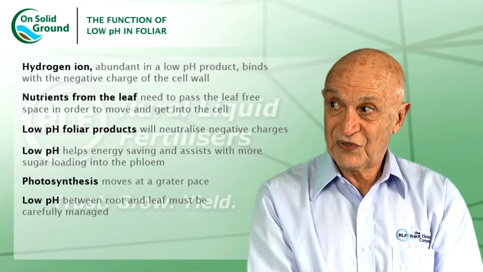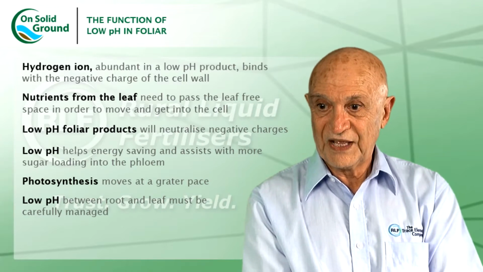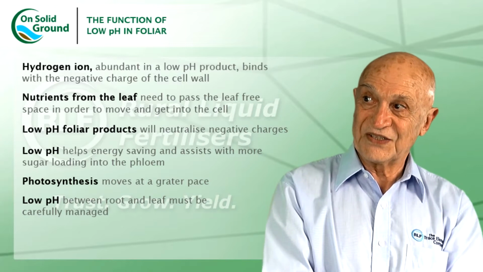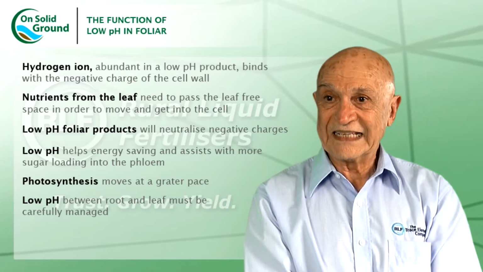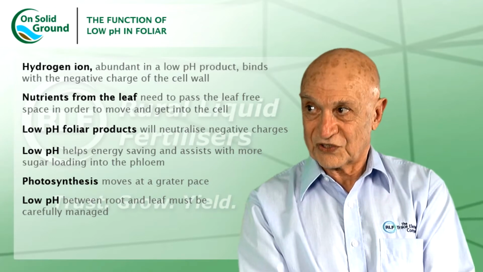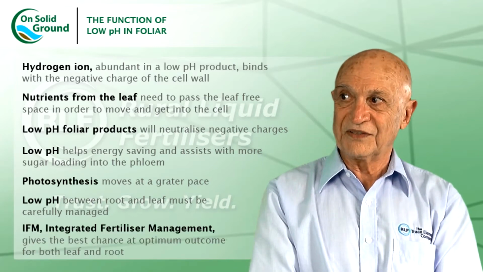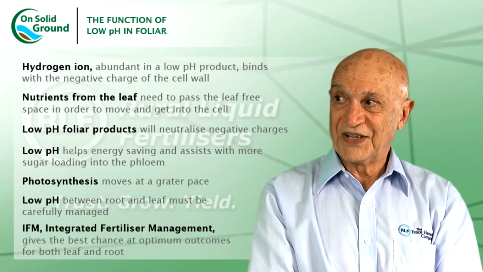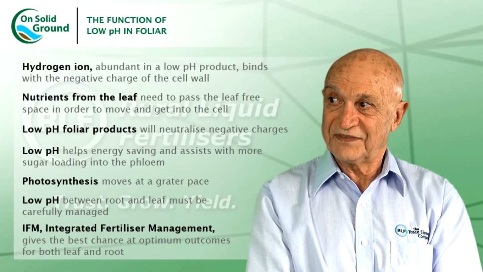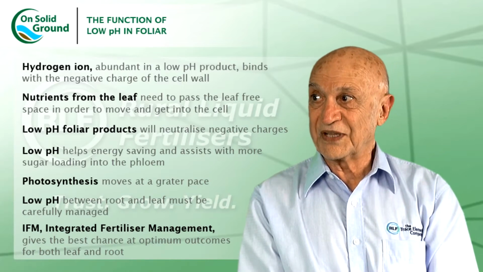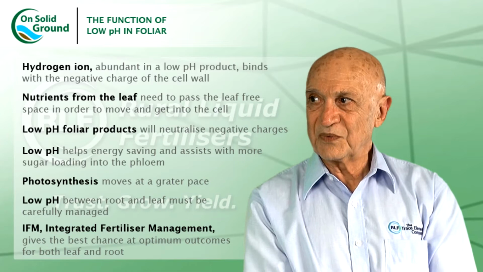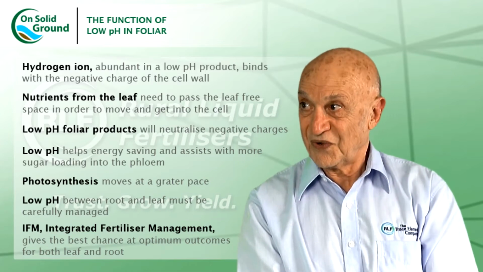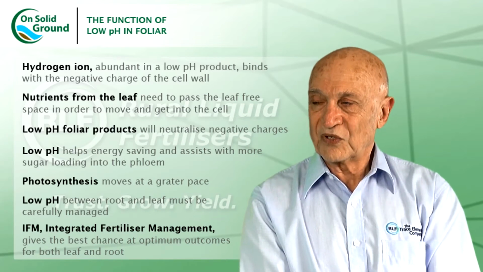We are trying to have the optimum pH for the root. We are trying to have the low pH to benefit photosynthesis in the leaf. And we can do it through the soil, and that's one reason we go for integrated fertilizer, because I cannot maintain a low pH gradient in the leaf through the activity of the root system, because what comes up from the root system is normal pH, about pH 5, pH 6, just like soil solution under most conditions.